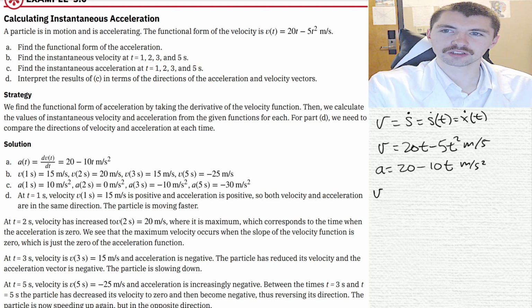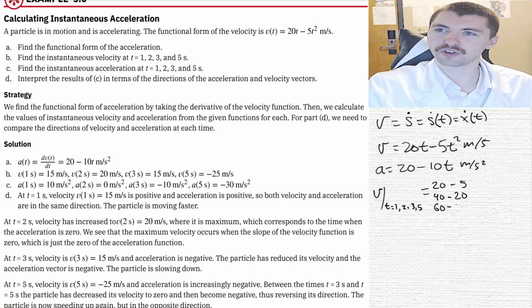Okay, so you want V at 1, 2, 3, 5. That's 20 minus 5. That's 40 minus 4 times 5 is 20. That's 60 minus 9 times 5, 45.